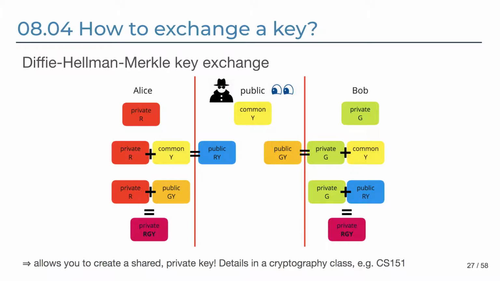We each first generate a private key, and we have a common secret. We combine the private keys with the common secret to get a public secret, and then we combine these public secrets again with our private keys, so we have a shared secret key. With that, we created a shared secret key which you can use for symmetric encryption from then onwards.